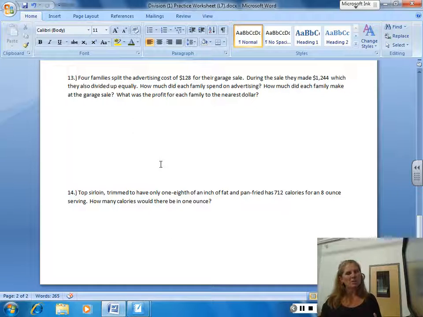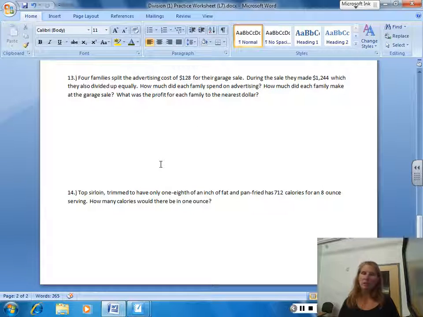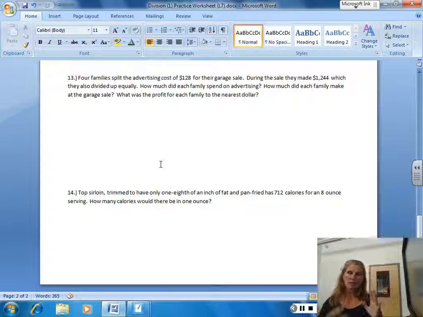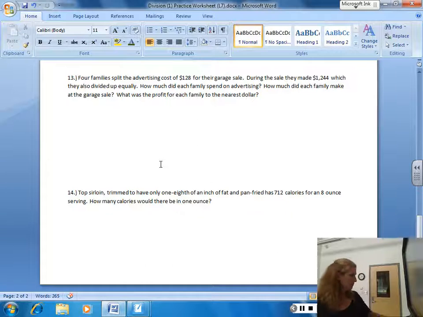But this one, we don't really have. How many calories would there be in 1 ounce? That's sort of intuitive, so there's no good words to circle here, and that happens. But we're talking about taking 712 calories and cutting up into 8 parts and seeing how many are in each ounce. So 712 divided by 8.